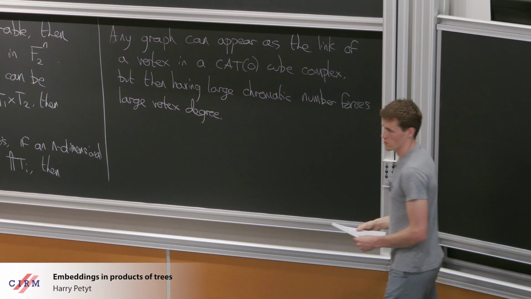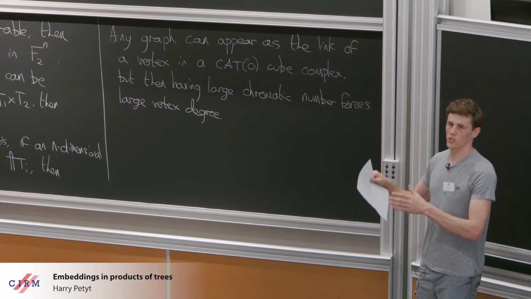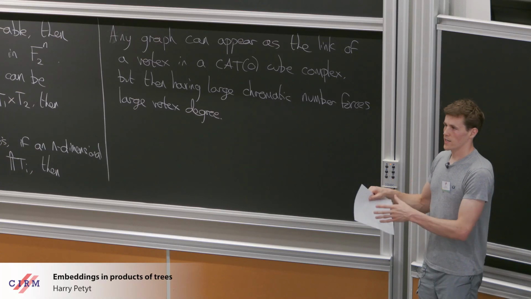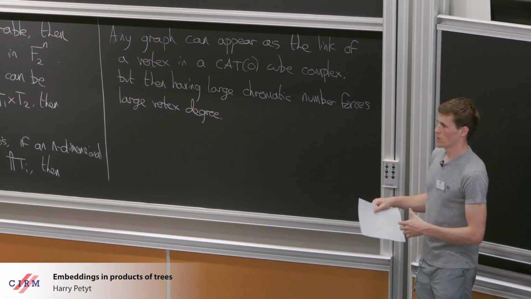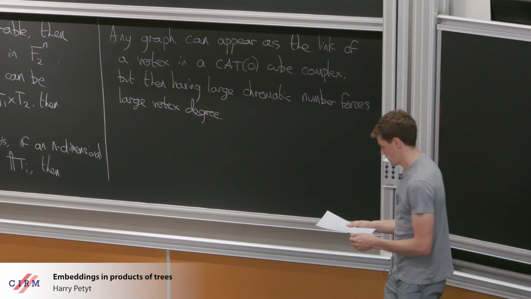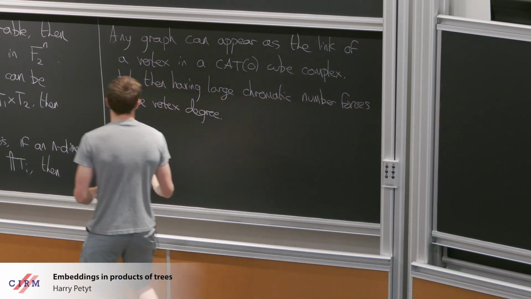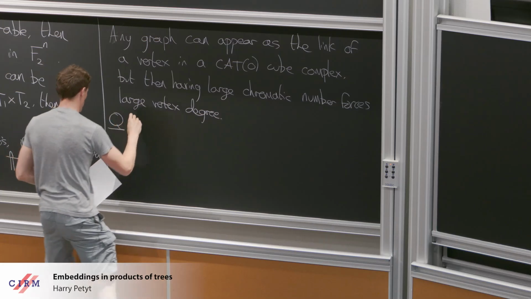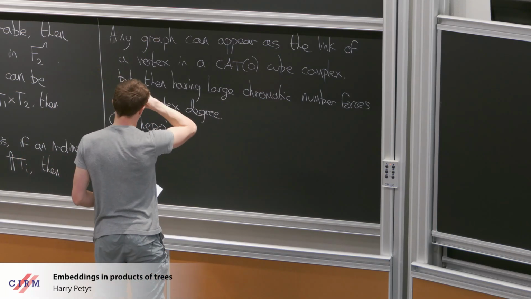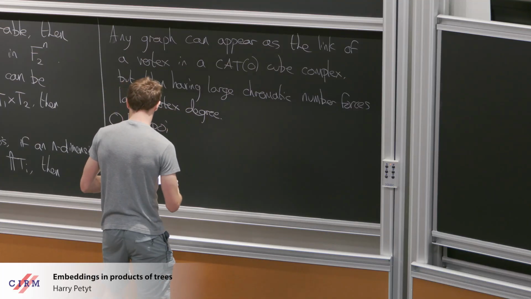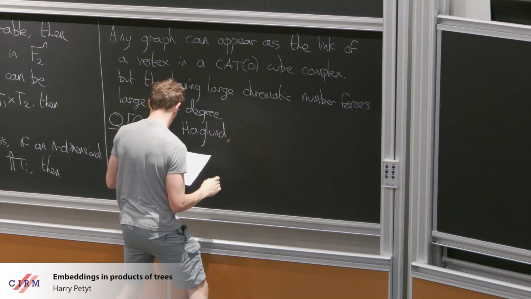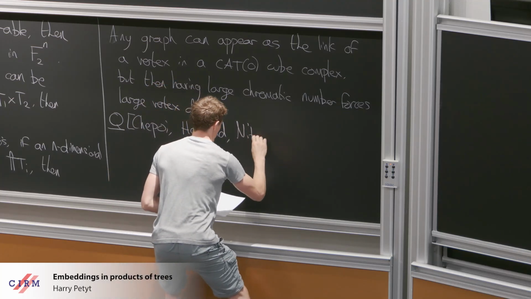So a question you could ask is, well, if I just bound the degree of a vertex in my CAT(0) cube complex, does that get rid of this issue? If I have a cube complex where the vertices all have bounded degree, then does it isometrically embed in a finite product of trees? And apparently a few people asked this question. I wasn't here to hear any of these questions being asked, but I just read that they were asked by Chepoi, Haglund, Niblo, and Sageev.